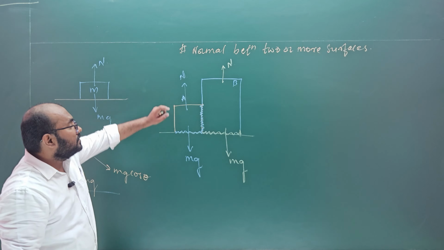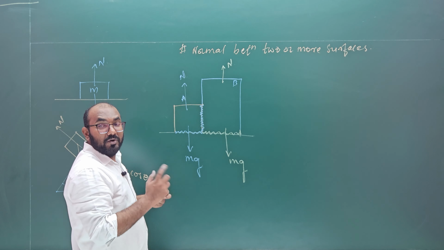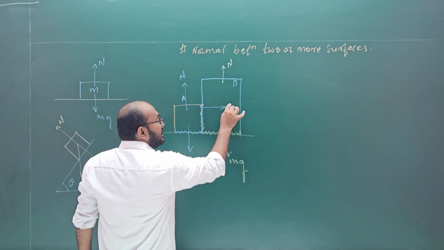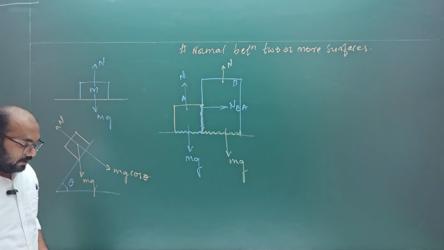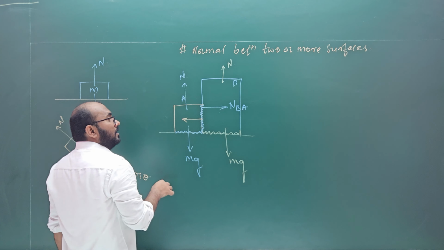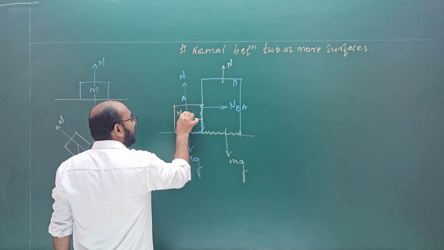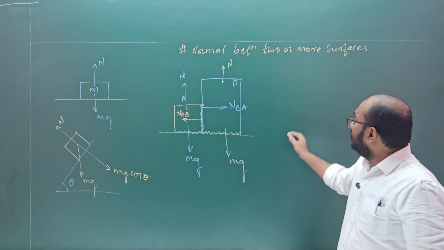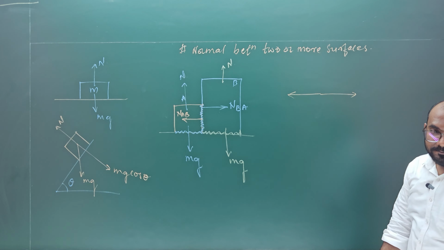So what will be the direction of force on B due to A? In this direction. So this is the normal on B due to A. Now similarly, body B will also apply a force on body A, in equal quantity. We already learned this. So normal on A due to B and B due to A are in opposite directions.